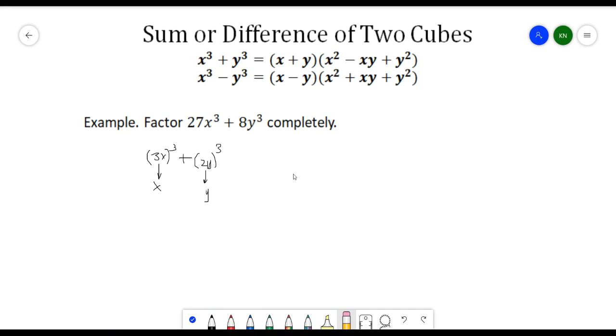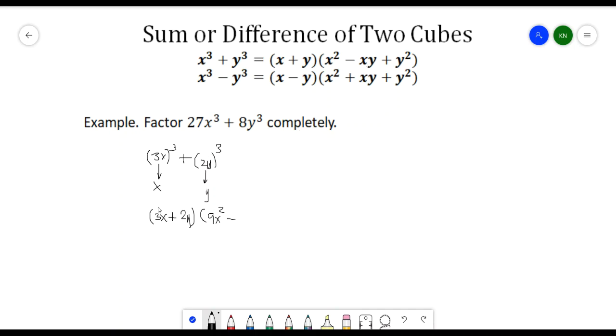Now, afterwards, we can already transform the factors or the simplified form of our expression to this format. So we have our x, which is 3x, and our y, which is 2y, multiplying that one by its trinomial. So x squared, the square of our 3x is equivalent to 9x squared, and then multiplied by xy.